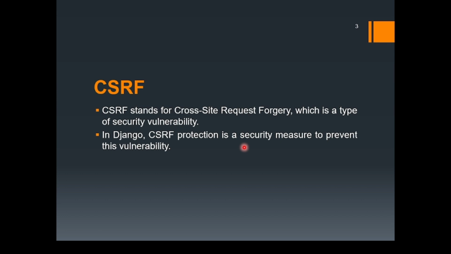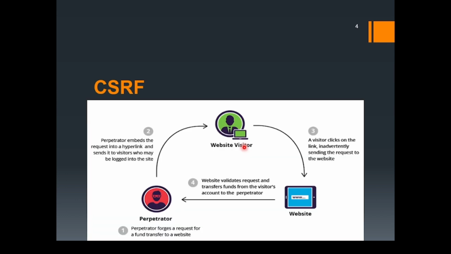Let's try to understand this with the help of a diagram. Let's say this is the attacker, the perpetrator. This attacker will forge a request for a fund transfer to a website. Now in step number 2, the attacker will embed the request into a hyperlink and send it to the actual or original visitor who is already logged into that site.